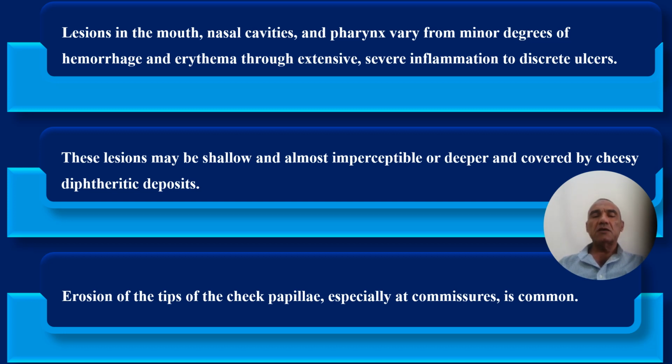These lesions are very clear. Erosions of the tips of the cheek papillae, especially at the commissures, are common, and this is important because they have to be differentiated from cattle plague and mucosal disease.